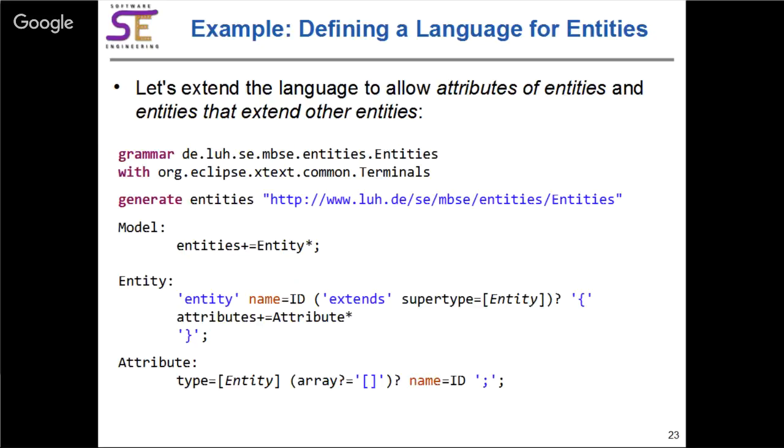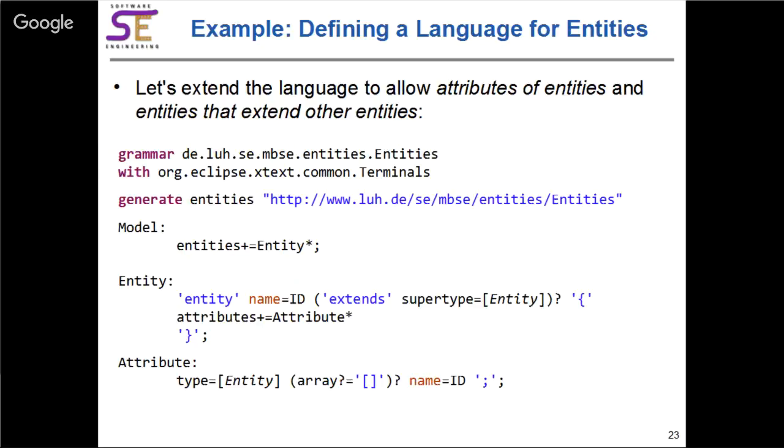And here the question mark says again, this combination of an opening and the closing square bracket, if we see it, it is optional, it need not be there, but if we see it, the array of that respective attribute which we are creating should be true, and if we don't see it, it should remain false.